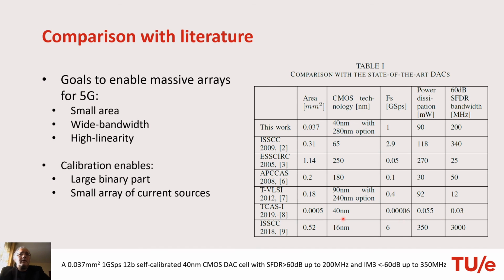If you look at some recent publications in a very advanced technology such as 16 nanometers with amazing performance, still the area that is needed is about 10 times bigger than ours.